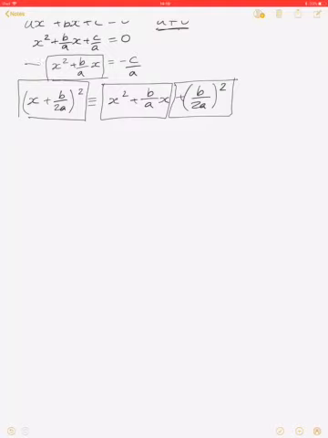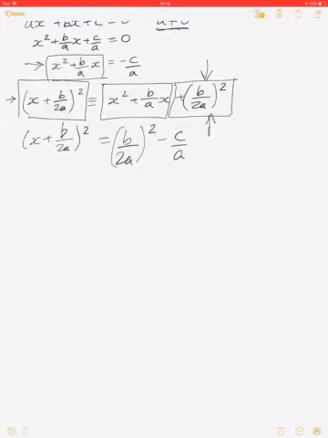So if we replace this with that, then we're adding this much to the left-hand side. So to keep the equation balanced, I'm going to add that same quantity, b over 2a squared, to the right-hand side, sorry. So b over 2a squared, subtract c over a. I've just added this much here to the right-hand side. And so now this does equal that expression on the right-hand side.